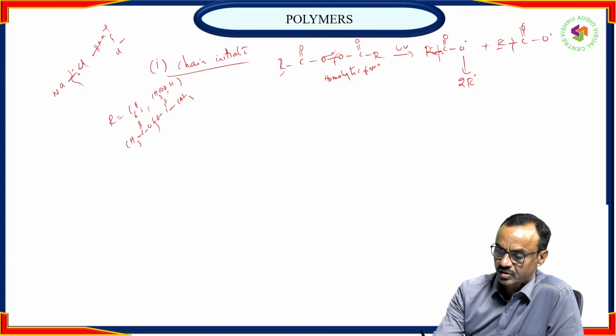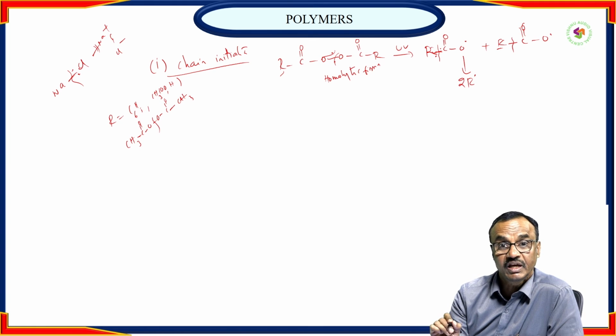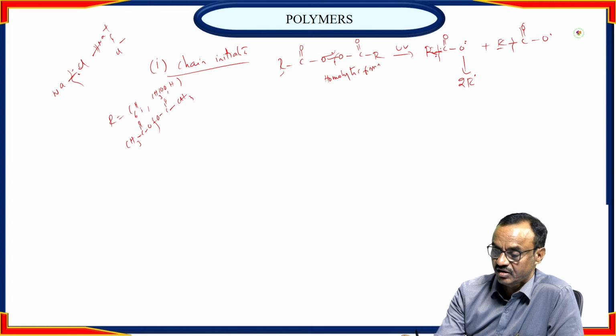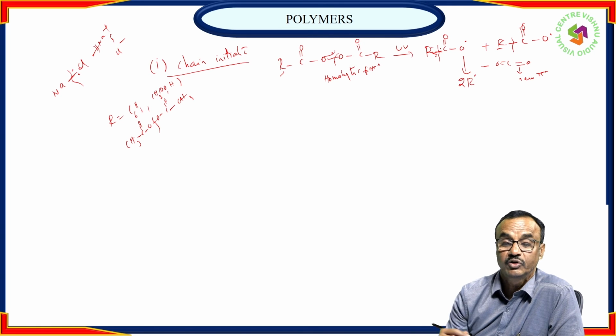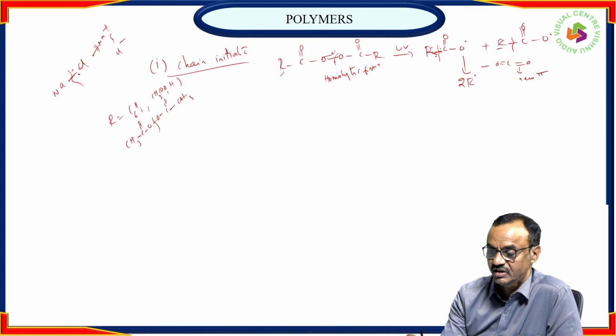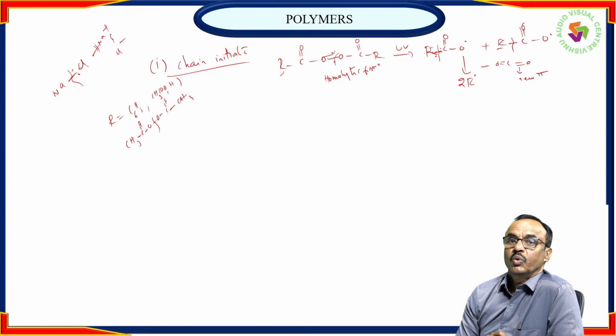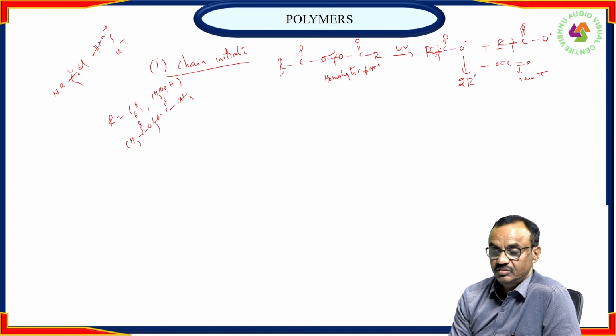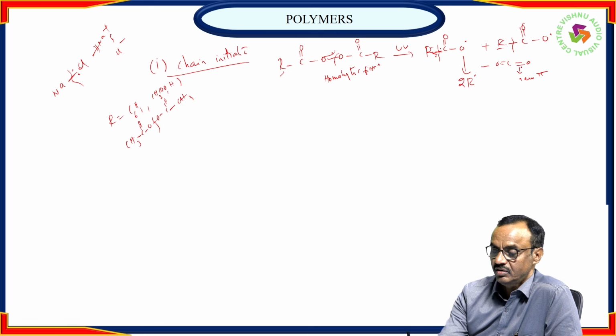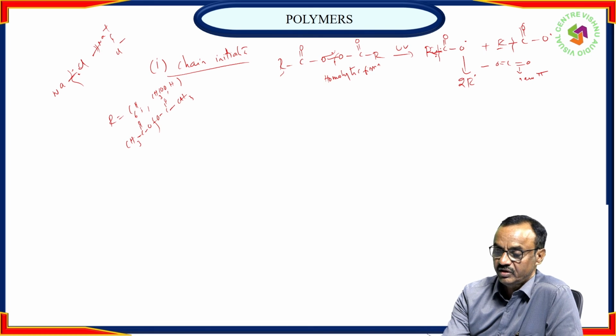How many COs? When it breaks homolytically, the electron distribution takes place equally. One pi bond is already there. This lone electron becomes a second, new pi bond. We don't need to discuss in detail, just for your clarification, how the lone electron becomes a pi bond.